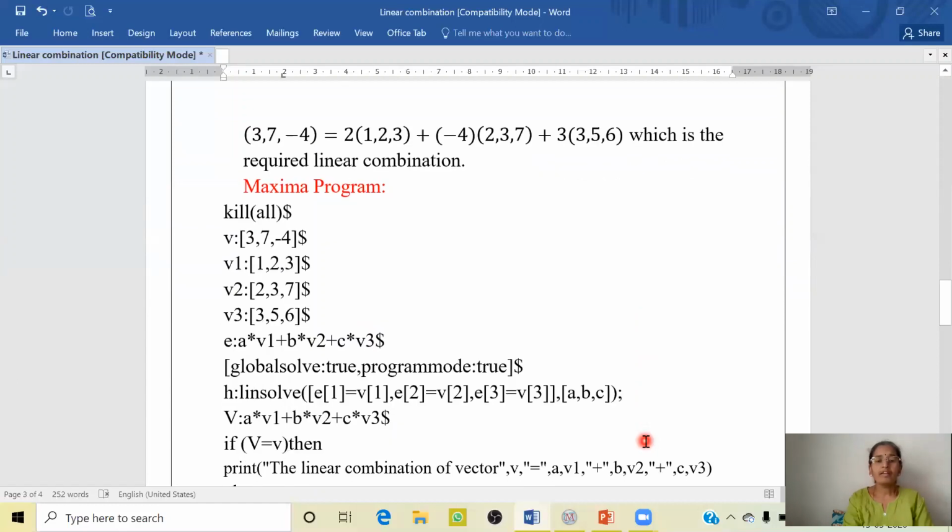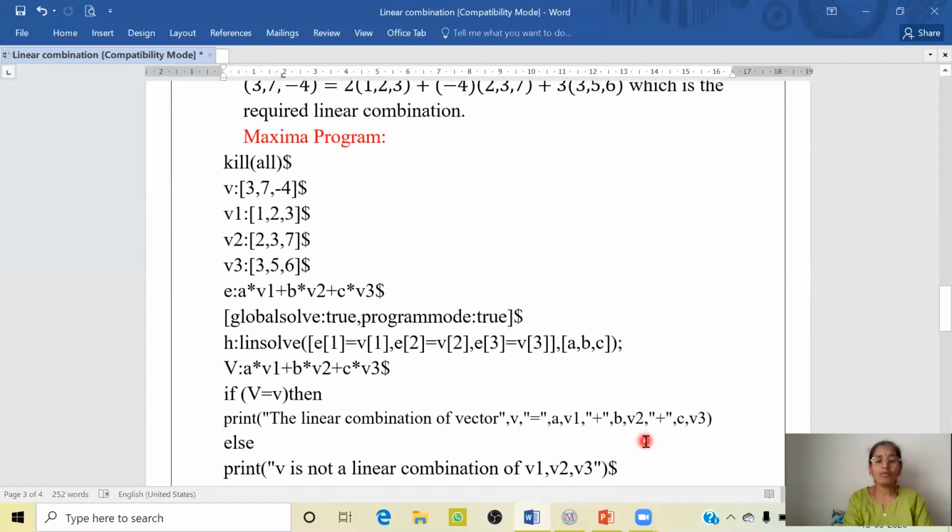For this, let us use this Maxima code. The first line of the code is kill(all), and we know that kill(all) is the command which deletes user variables, functions, arrays, etc. and resets all the internal variables to their default states.